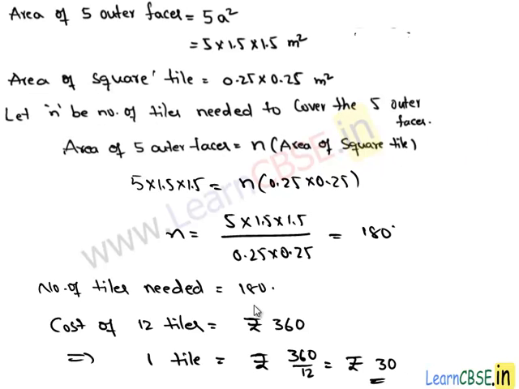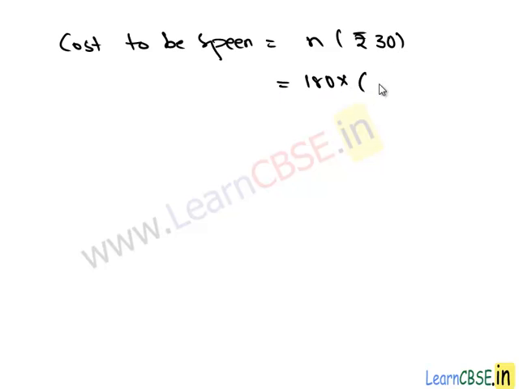We need 180 tiles. So the cost to be spent is n times rupees 30. Since for each tile we are paying 30 rupees, the total cost is 180 times 30 rupees, and it is equal to 5,400 rupees. And this completes our solution.